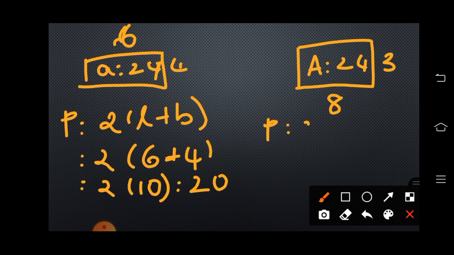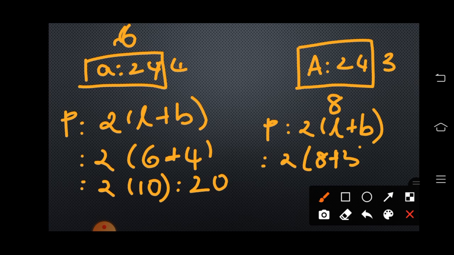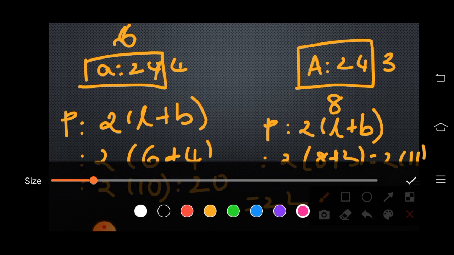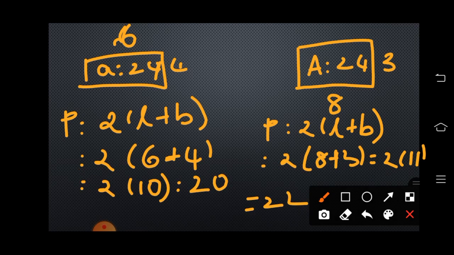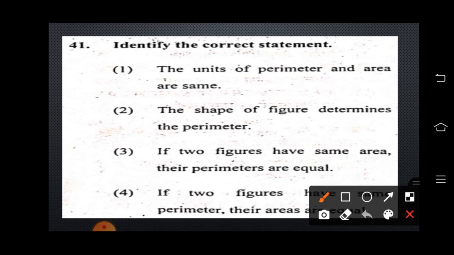Perimeter is equal to 2 into L plus B, equal to 2 into 8 plus 3, equal to 2 into 11, equal to 22. Here we can see that the areas are same, but the perimeters are different. So option 3 is also the wrong one, 1 is wrong, and 2 is the right one.